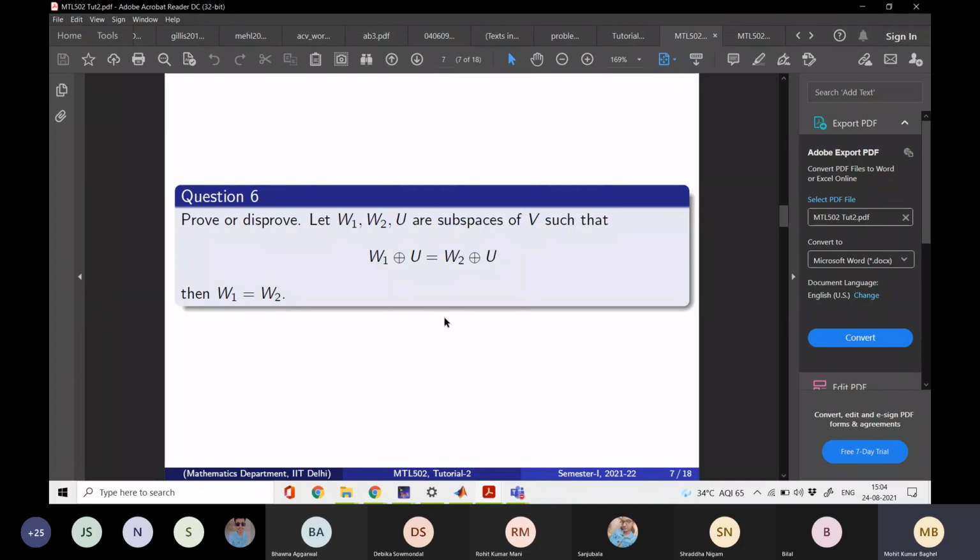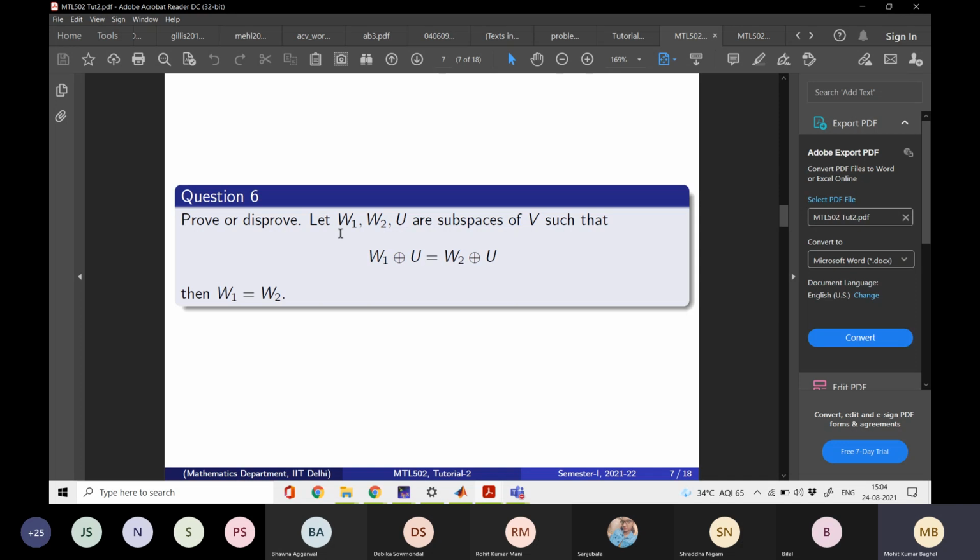Just think on it, whether it is true or not. Independently, don't discuss. See your notes, whatever reference you want, see the definition, and by your logical reasoning try to answer this. You are telling me we can take a trivial space or something, but just think about this question.